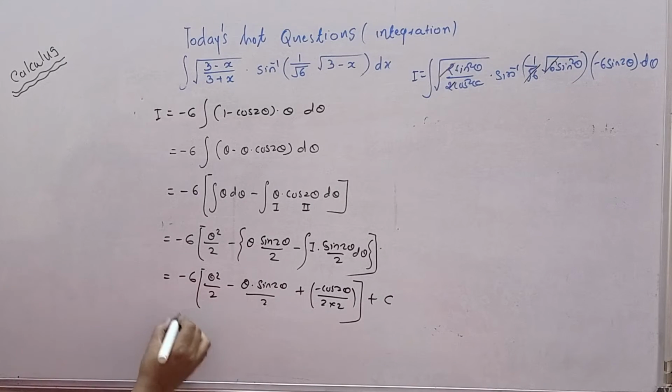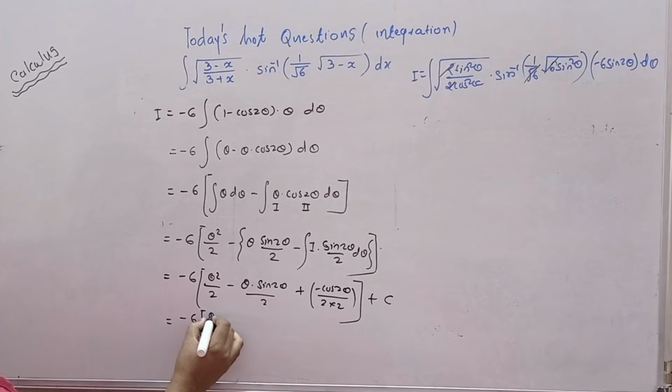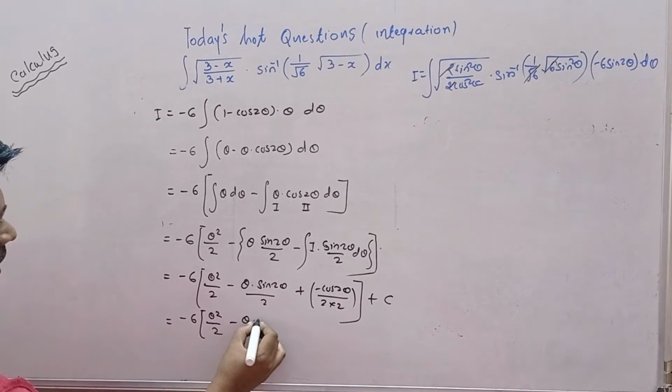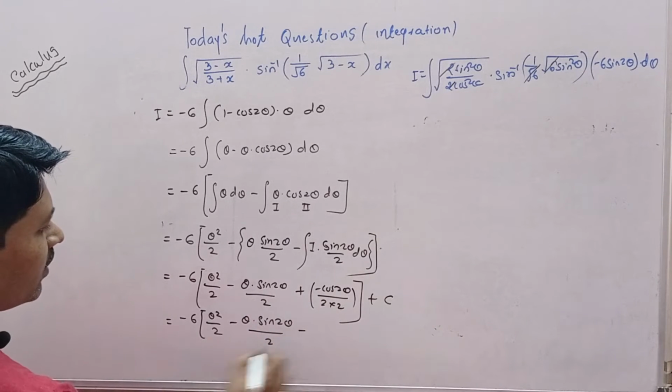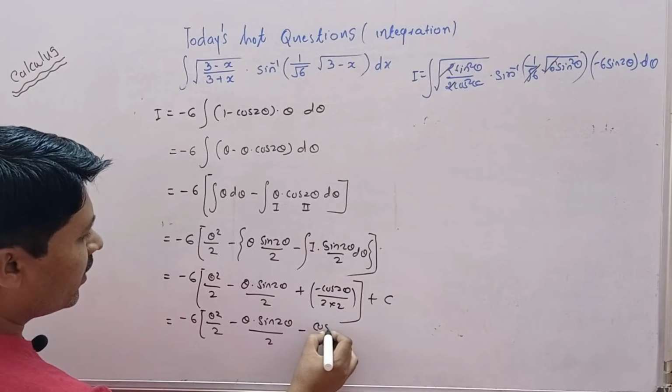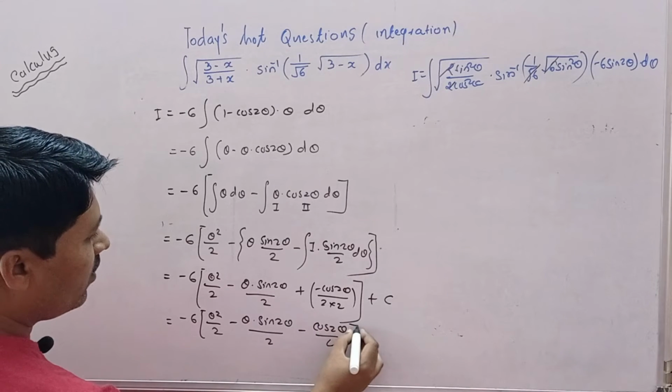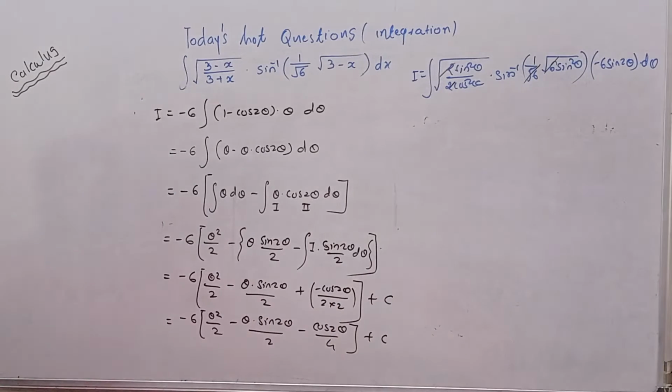Then this becomes minus 6 times theta squared divided by 2 minus theta into sin 2 theta divided by 2, and this plus times minus gives minus cos 2 theta divided by 4, plus the constant of integration.